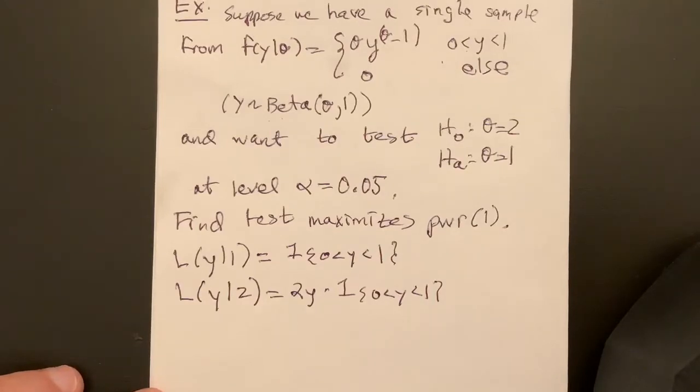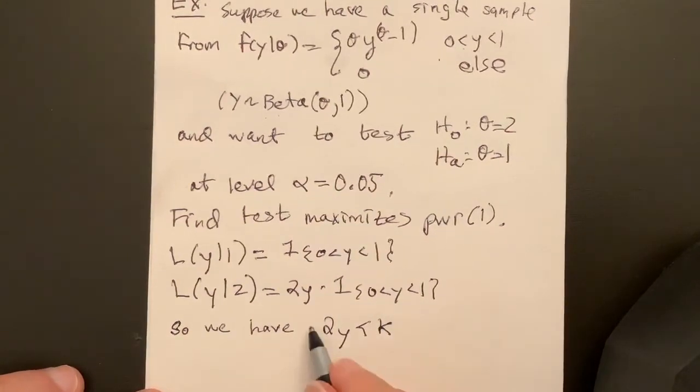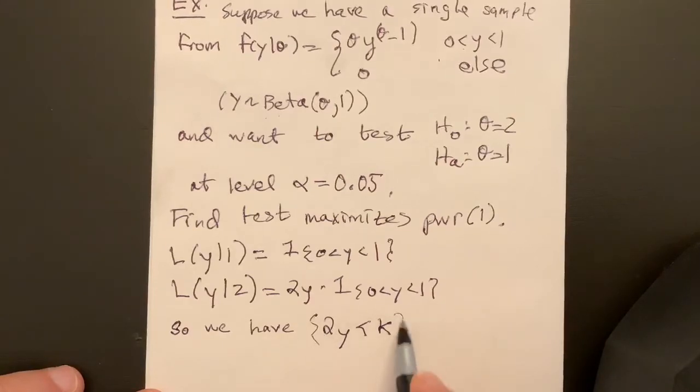So the lemma says L(y | 2) over L(y | 1) less than k is the best test. So we have 2y less than k. This is the rejection region.